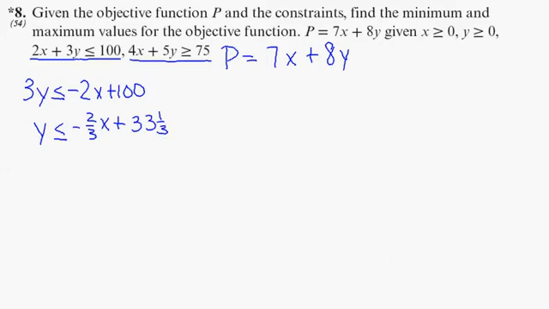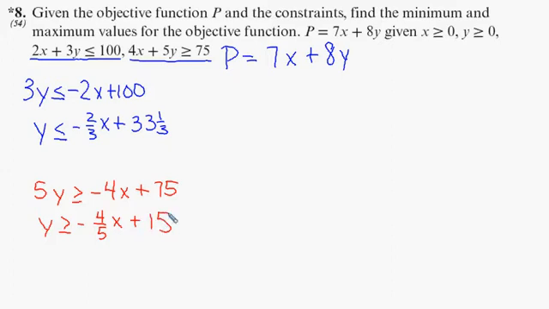Let's go to the next one, which is going to be 5y is greater than or equal to, I'm just bringing the 4x over right away. I've got negative 4x plus 75. So that means if I divide everything by 5, I get y is greater than or equal to negative 4/5 x plus 75 divided by 5 is, I know this, 15 in my head.